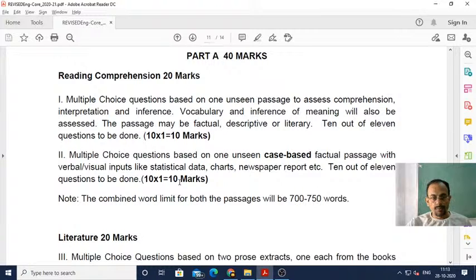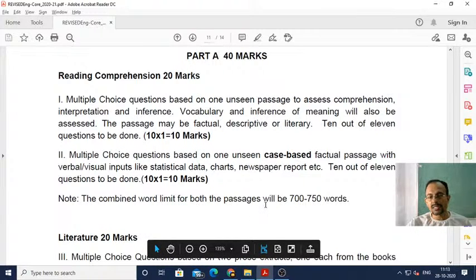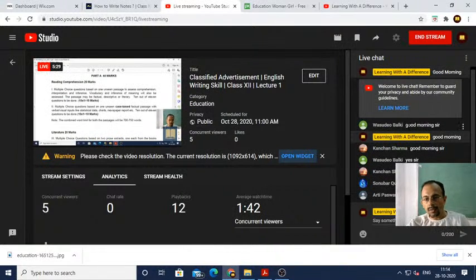Both the passages will have multiple choice questions of 10 marks each, that is 20 marks total in the reading section. The combined word limit for both the passages will be 700 to 750 words, the combined length of the passages.